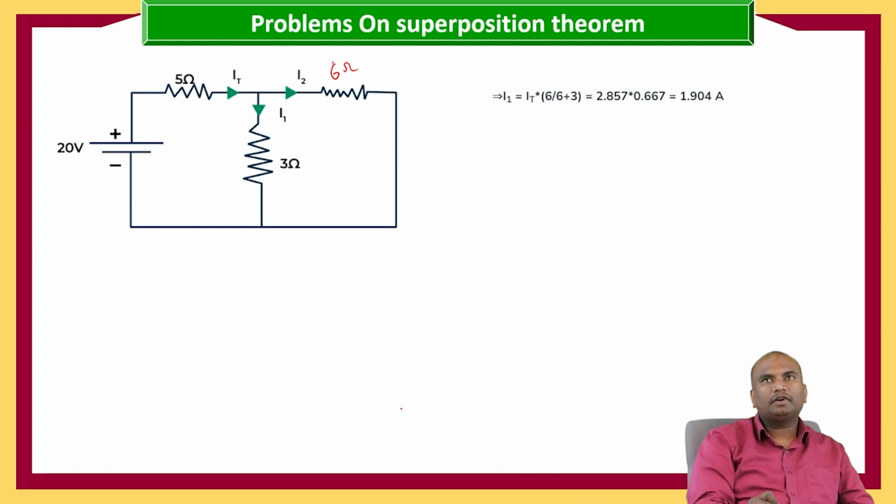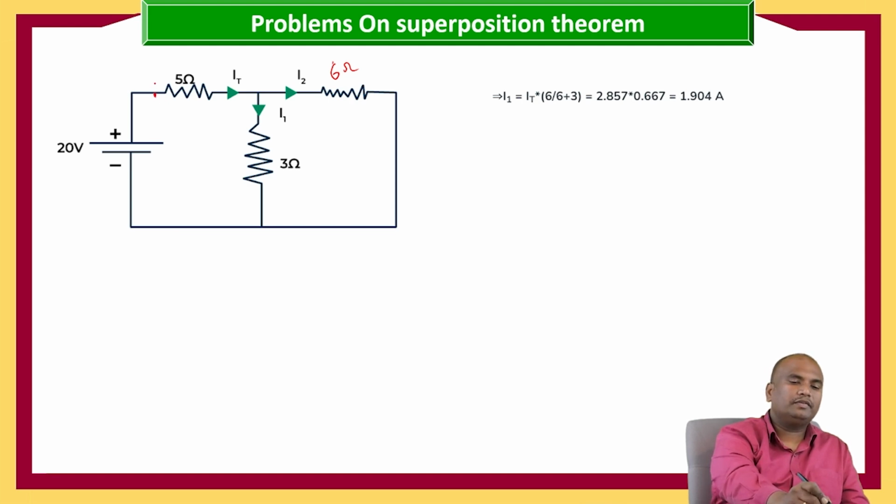Here we can calculate, first we can calculate the total current, then after we can calculate the I1 value, current flowing through 3 ohms. So here for calculating current, we are taking AB terminals.